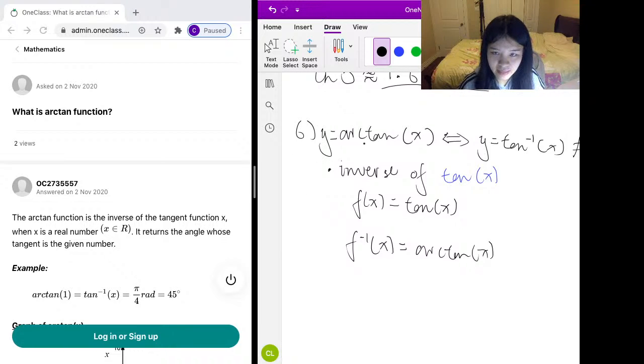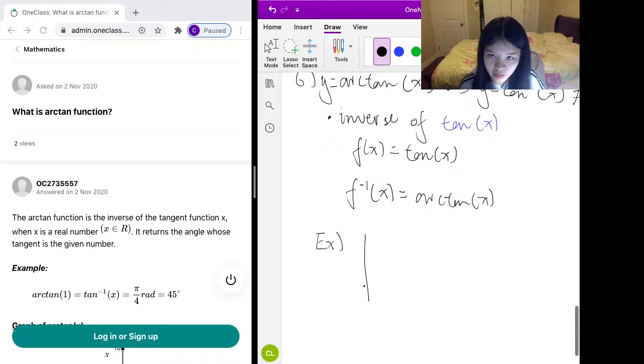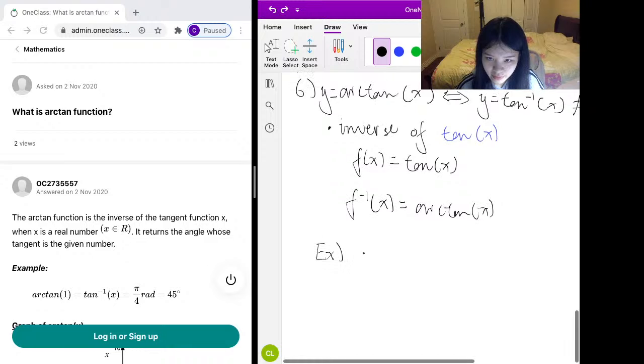Now let's look at an example of the function arctan x. Let's use a special triangle because that way it's easier.